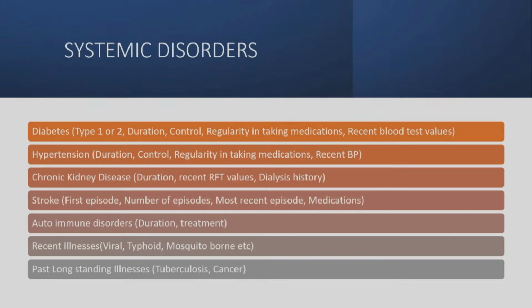It might be a very small history. The patient may not even be showing any neurological symptoms, but still you have to ask about the history of stroke, because that will help you in planning your management.